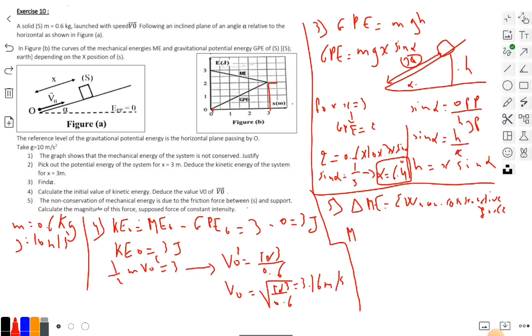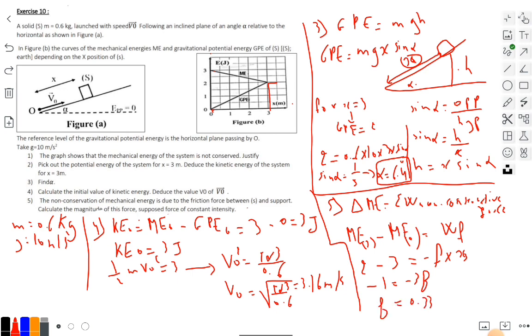So mechanical energy final at x equals 3, minus mechanical energy initial at x equals 0, is equal to the work of friction. Then it's equal to 2 minus 3 equals minus f times x3. So minus 1 is equal to minus 3f. Then friction equals 0.33 Newton.